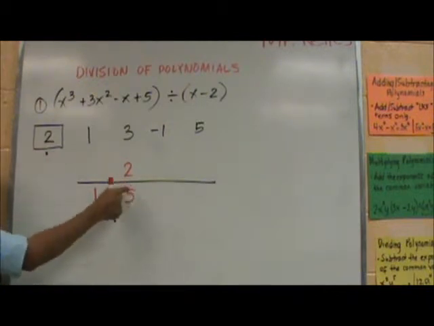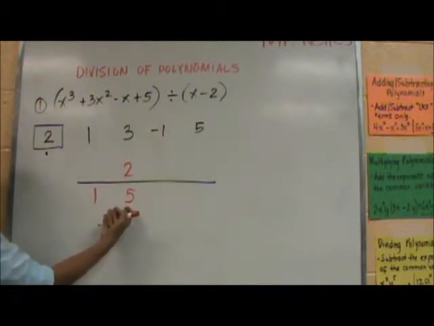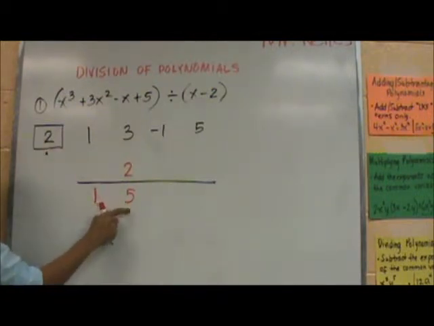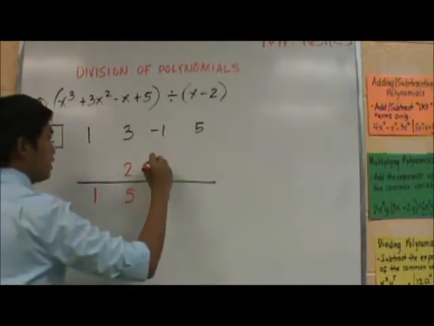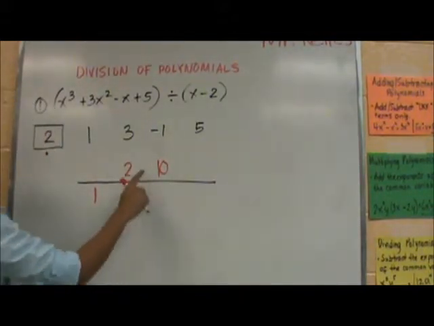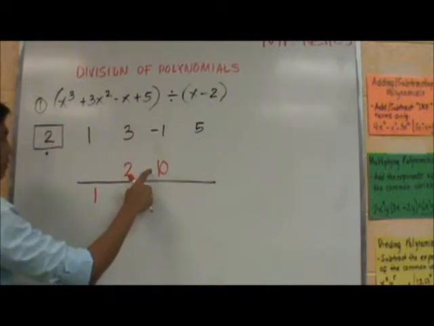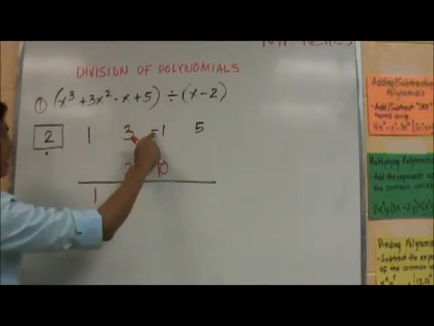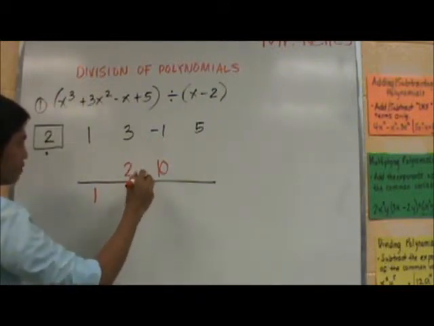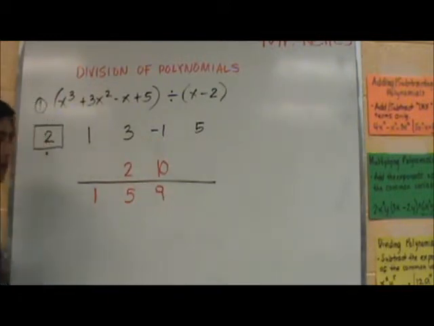Now multiply 5 times 2, which is 10. Again, this is positive, so negative 1 plus 10 gives you 9.